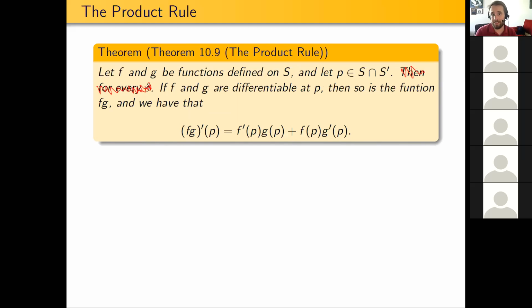The product rule says that if you have two functions, f and g, differentiable at a point p, then we can calculate the derivative of the product f times g. When we take its derivative, we get the derivative of the first function times the second, plus the derivative of the second function times the first. We love the product rule.